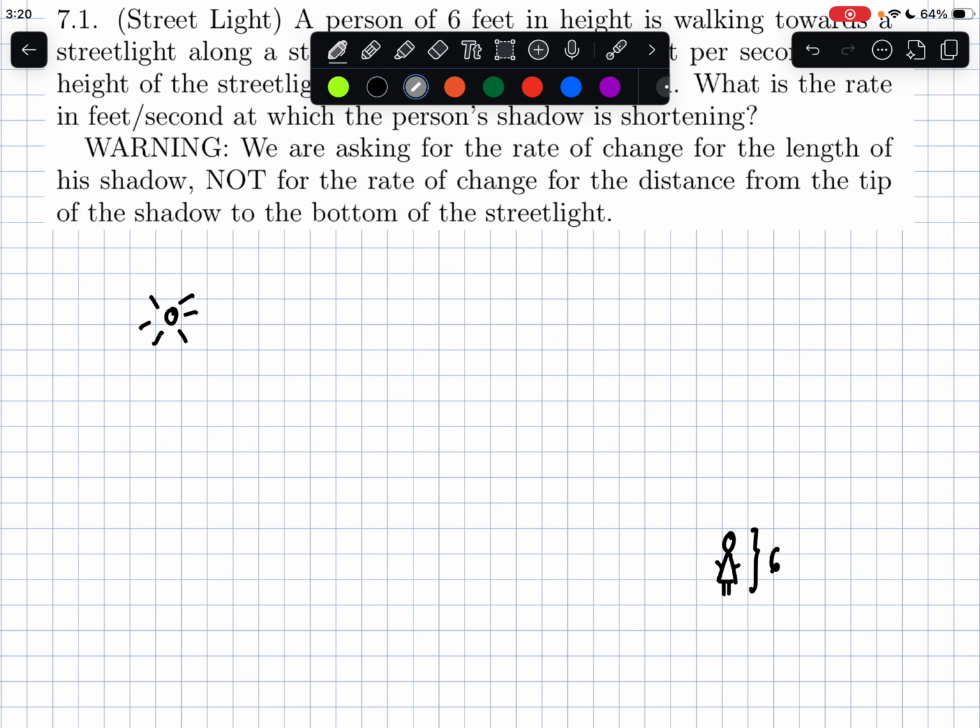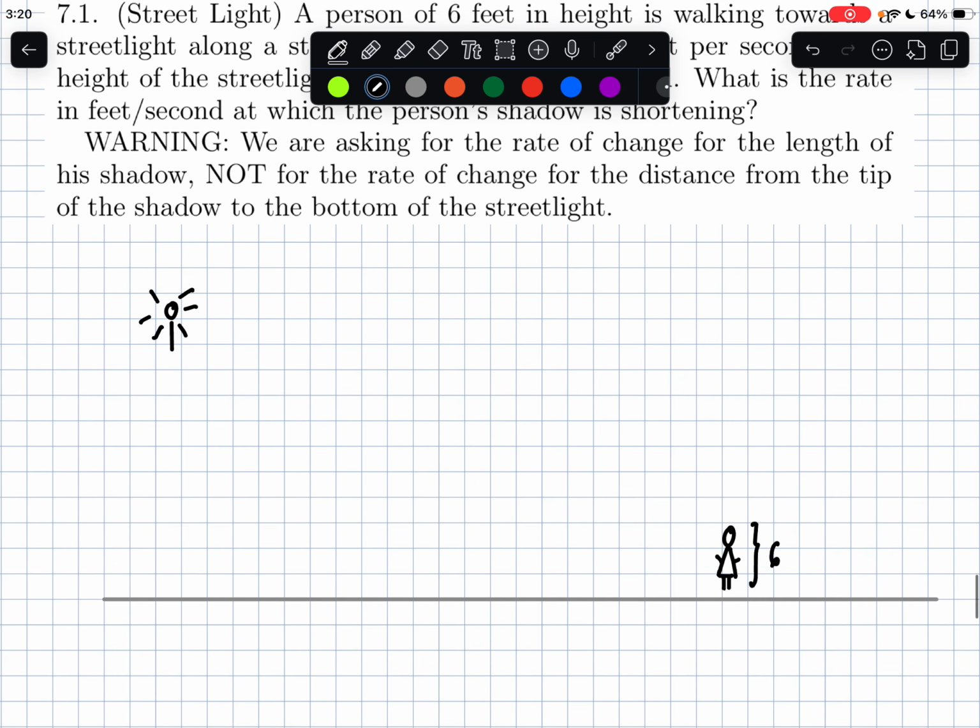Let's draw the ground. This is the ground and this is 18 feet. The person, let me draw it as the height from here to here. We have the shadow.